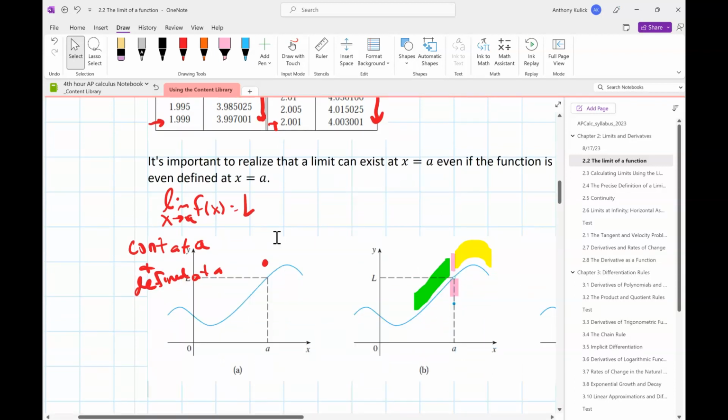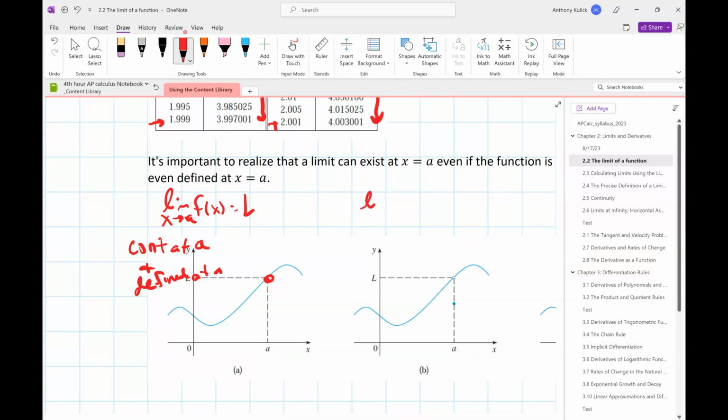Continuous at a and defined at a. And I'm just going to erase all that stuff.